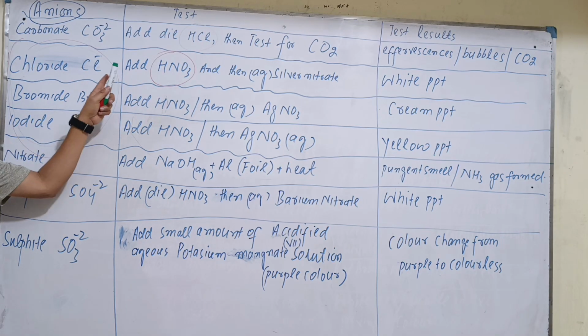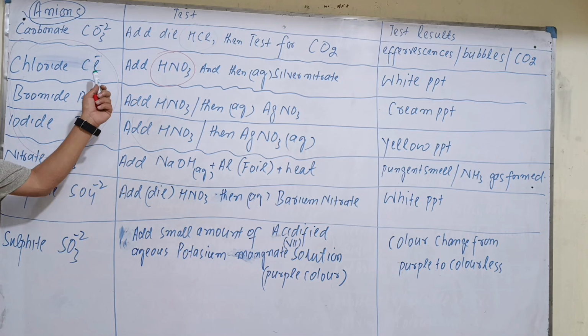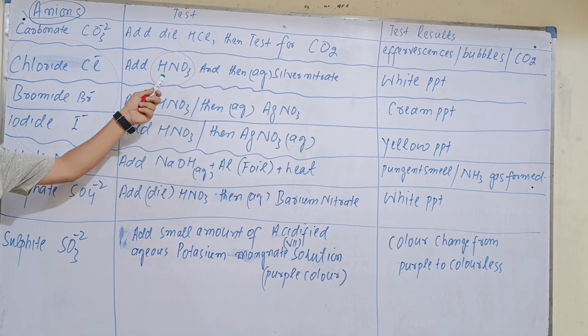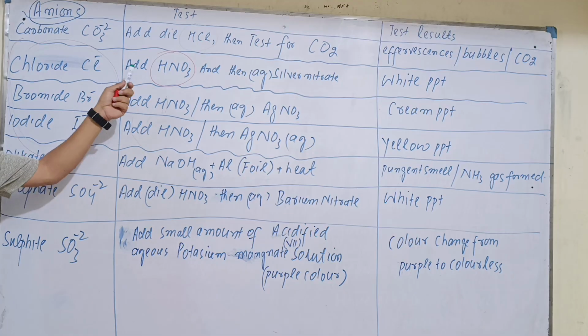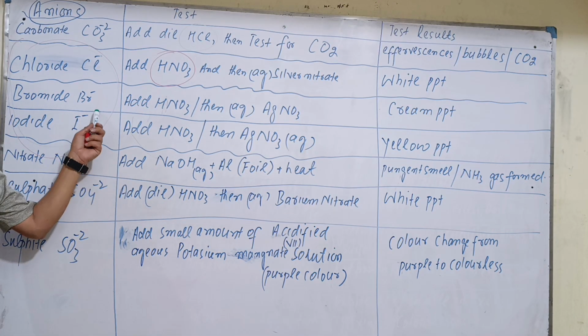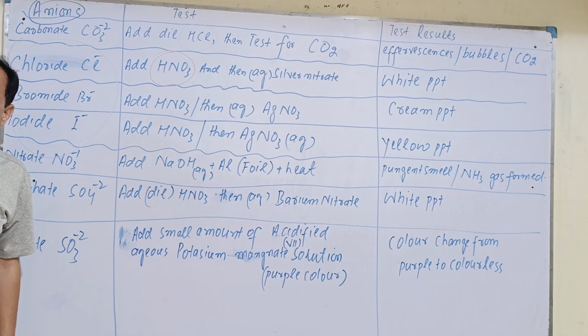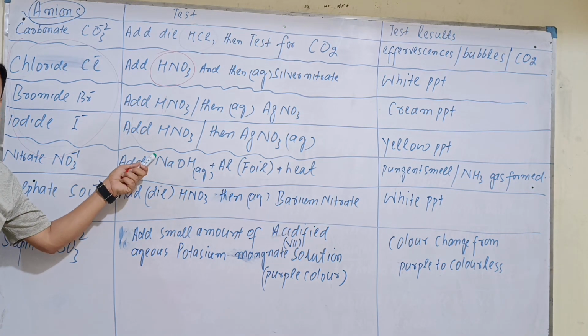The reason is that if the solution contains halide ions and also some carbonate ions, those carbonate ions will react with nitric acid, and when carbonate reacts with acid, carbon dioxide gas will be formed and those ions will be removed from the solution. That's why first we add nitric acid.